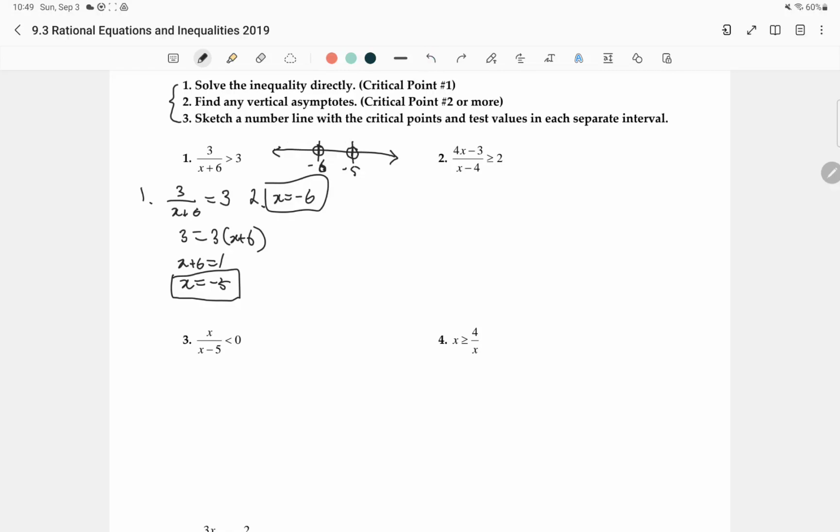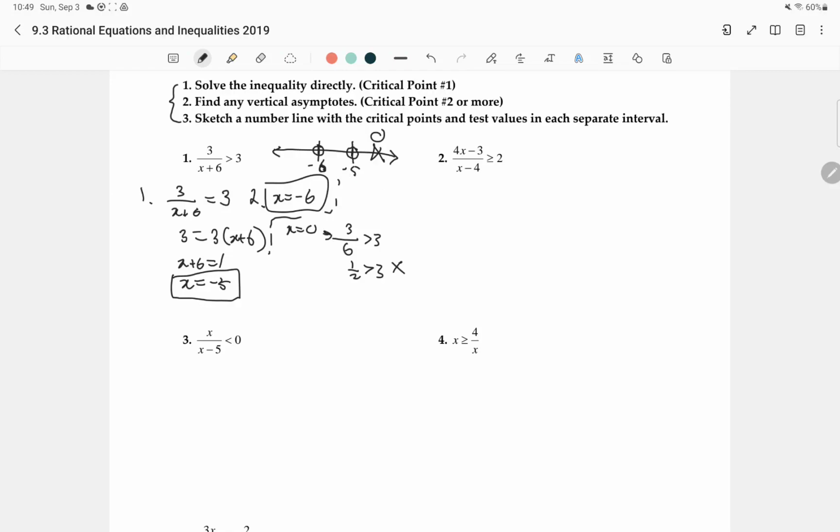First we're going to check outside over here, and we can just use the point 0. So what if x equals 0? x equals 0, we're going to get 3 over 6 is greater than 3, so we have 1/2 is greater than 3. Obviously that is not true, so it's not here.